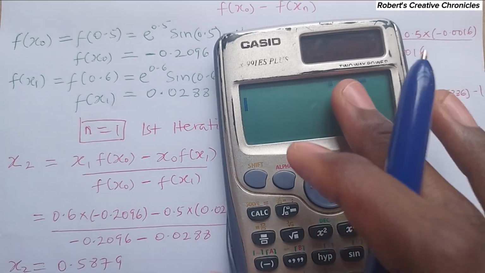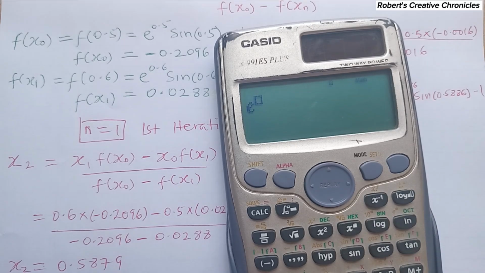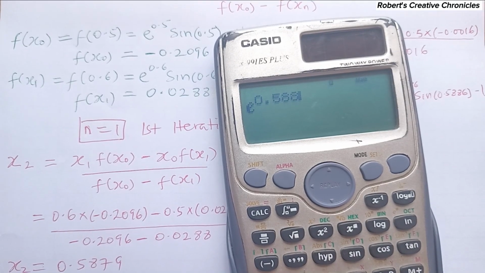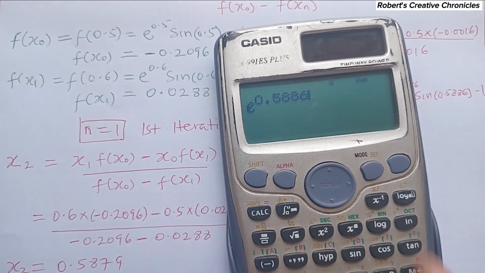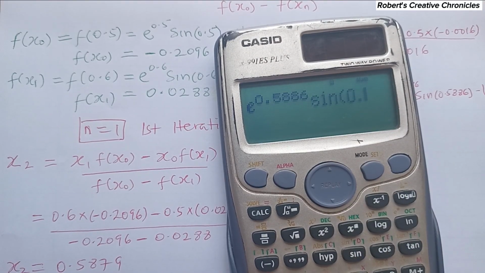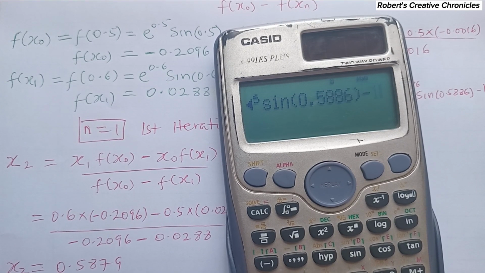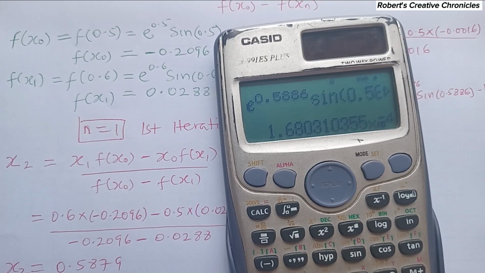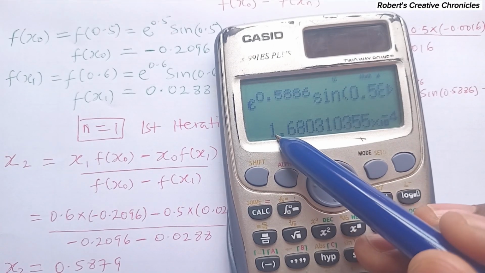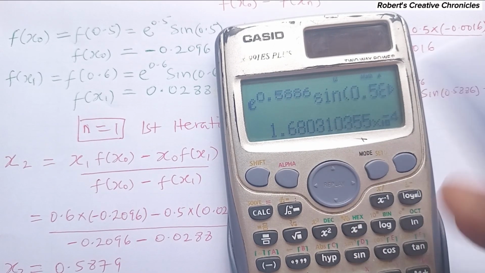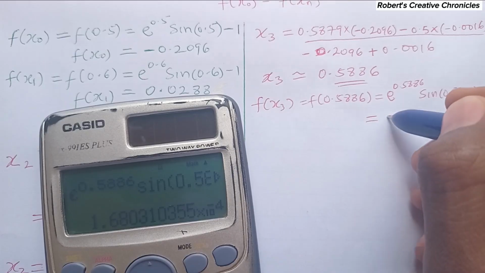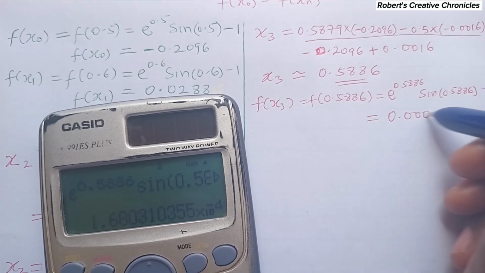Make sure it's in radian. There will be 3 zeros before this 1, then it approximately becomes 2. So it will be 0.0002.